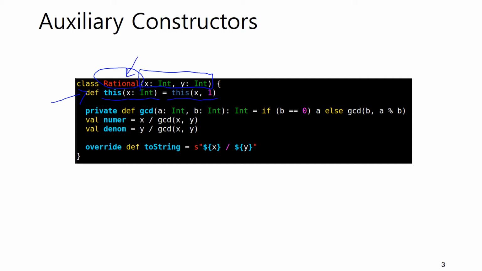So in principle, you can have only one constructor per class and multiple auxiliary constructors, which must be defined in terms of the primary constructor. The question is, is this good or bad? Is it a good idea to have only one constructor per class?